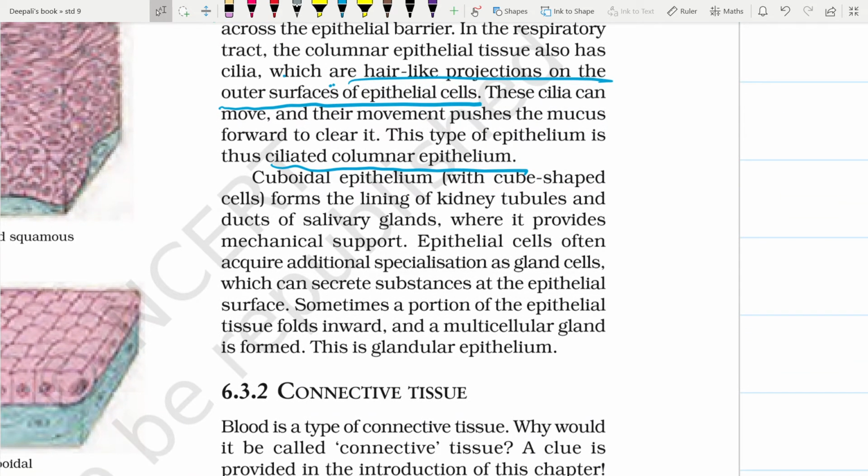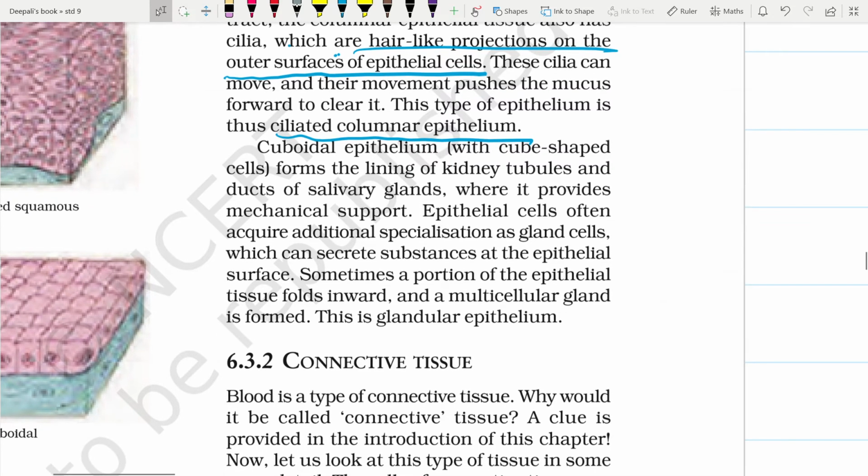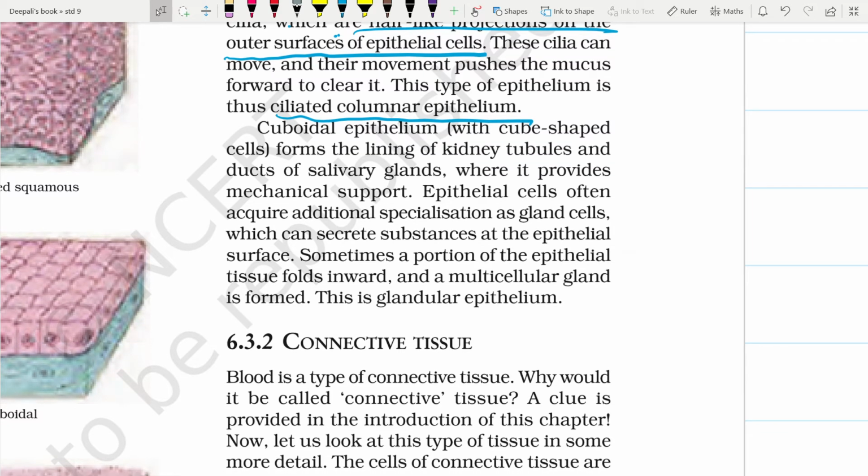And we have the cuboidal epithelium, with cube-shaped cells, which forms the lining of kidney tubes and ducts of salivary glands, where it provides mechanical support. Epithelial cells often acquire additional specialization as gland cells, which can secrete substances.